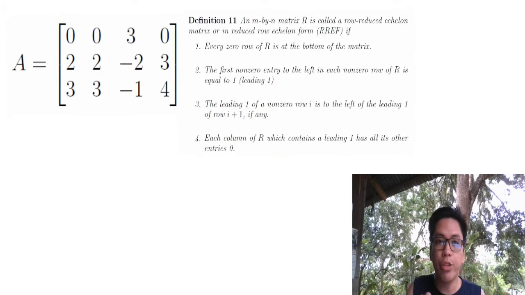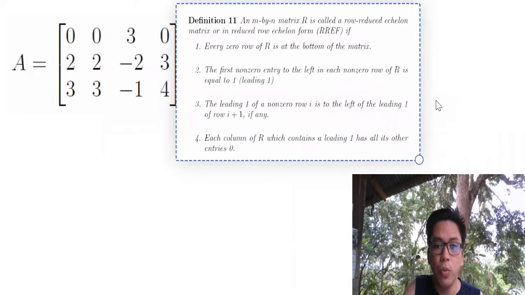In order to achieve that, let us recall the definition of the reduced row echelon form. Number one, every zero row of R is at the bottom of the matrix. Number two, the first non-zero entry from the left in each non-zero row of R is equal to 1.